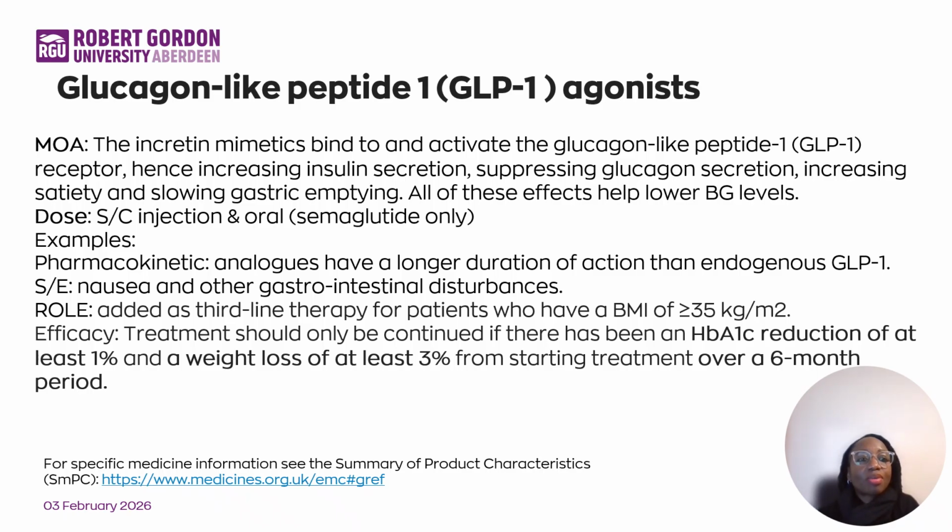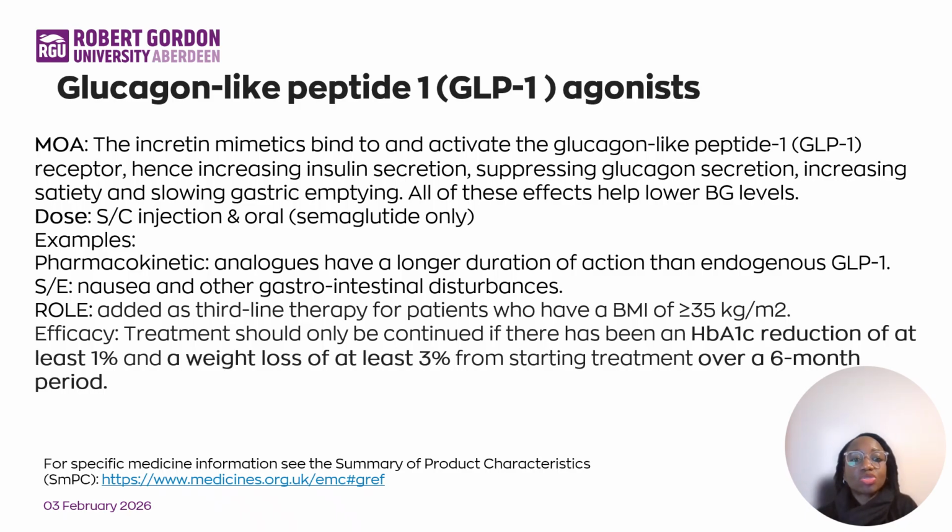Okay, so pharmacokinetics of these: the analogs have a longer duration of action than the endogenous GLP-1, and that's how they were able to be captured as therapeutic agents. The most common side effect is nausea and other GI disturbances. In their role in therapy, they are added on as third-line therapy for patients whose BMI is above 35 kilograms per meter squared.